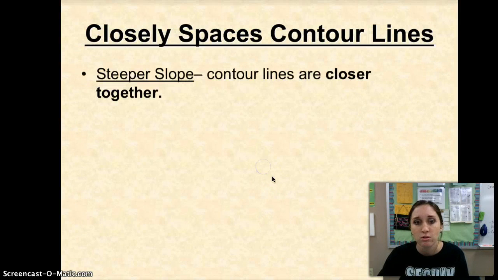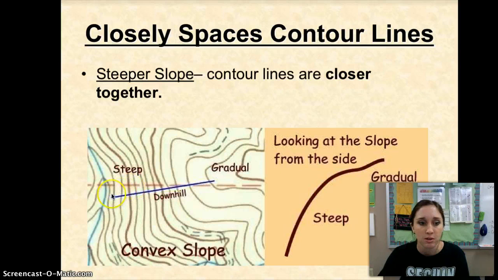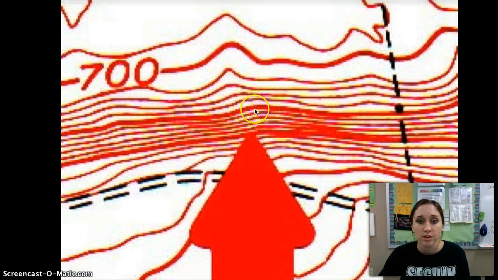Whenever your contour lines are really close together, like this picture right here, that means that it is steep. Over here, the lines are not as close together, that means that it is gradual, or not as steep. So the mountain or hill is really steep over here, not as steep over here. I'd want to walk over here. Here's another example. This means that it is really steep.